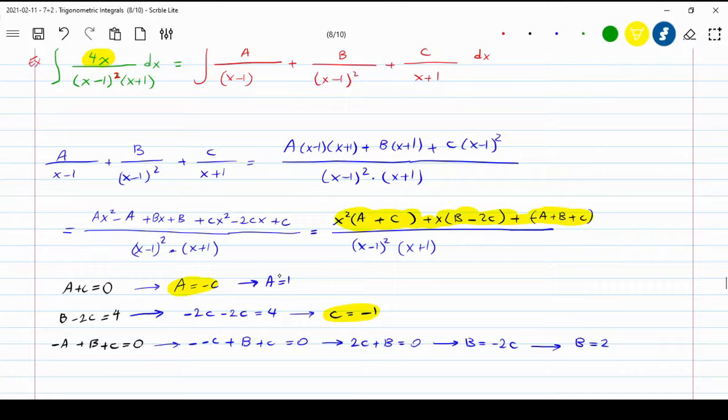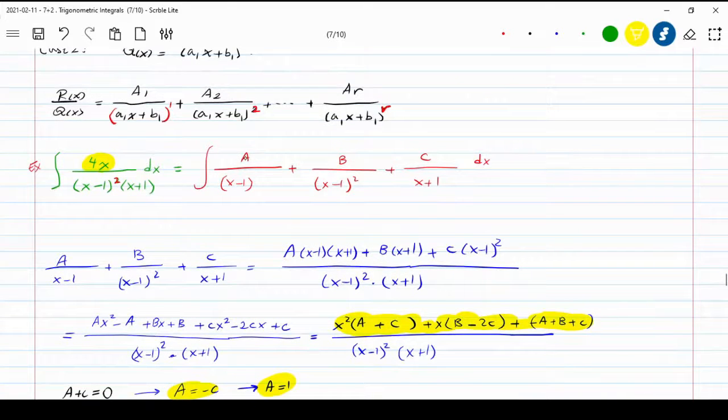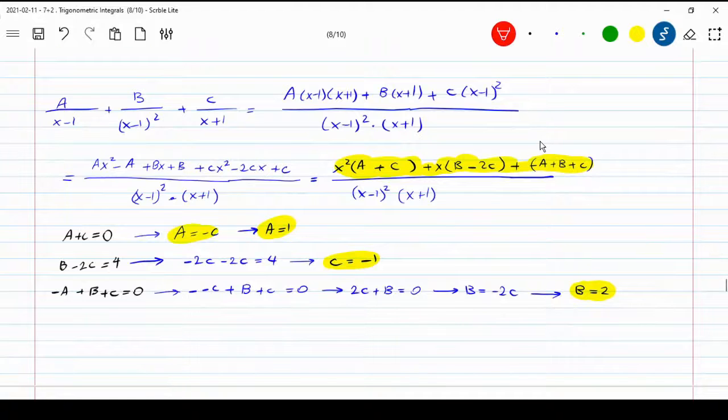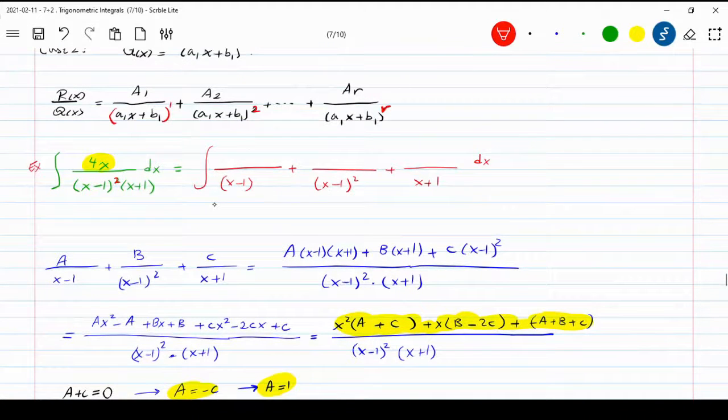So we figured out what a, c, and b are. So the fractions, instead of a, b, and c, I can write a is 1, b is 2, so you get 1, 2, and negative 1.